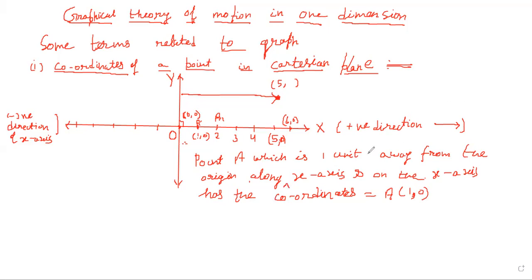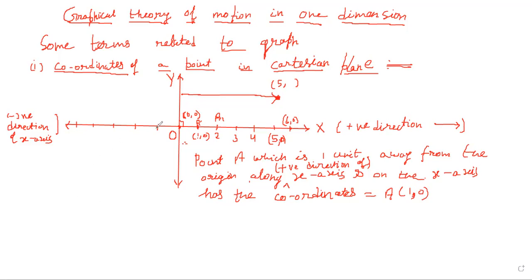For point A, which is 1 unit away from the origin along x-axis, in place of "along x-axis", we must write "along positive direction of x-axis". And on the x-axis it has the coordinates A (1, 0). So write this in your notebook.